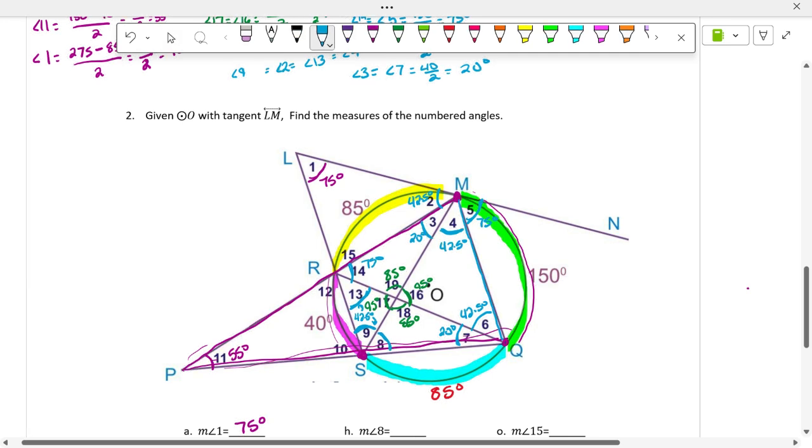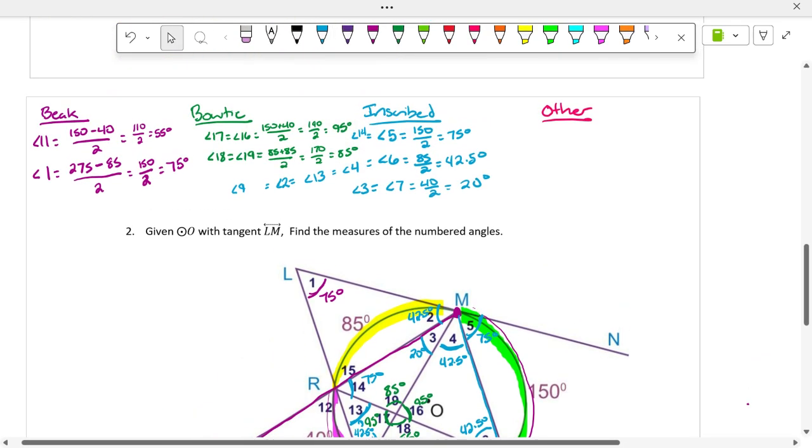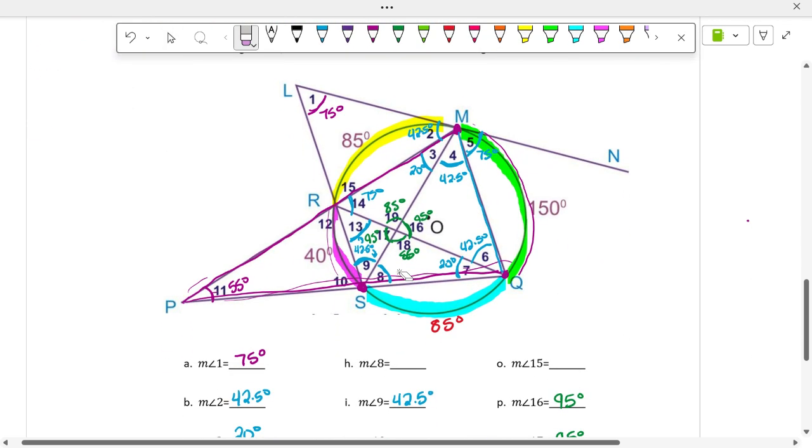All right, what arc does it intersect? Not 85. Look for the ice cream on top of the cone. It'd be 150. Good. So it would be the same as 14 and 5. So it'd be 75.